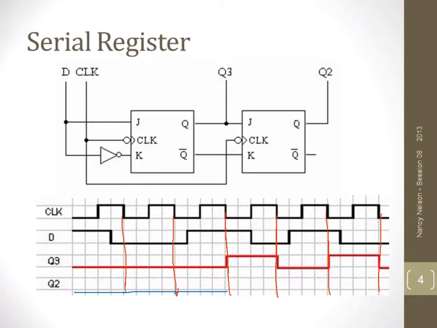Our next sample point, Q3 is going high, but remember we have that bit of a propagation delay, so it isn't actually high at the sample time. So we're going to stay low one more time. Here we sample, and it's high going low, which means at the actual sample time it's still going to be high. So Q2 is going to go high.